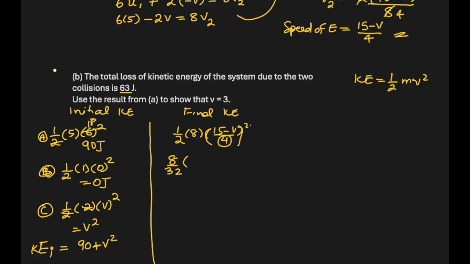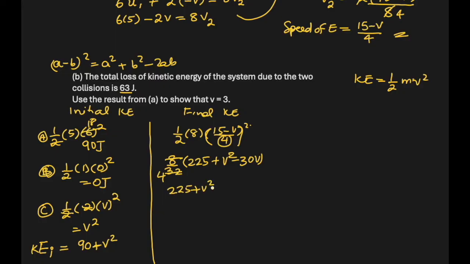So I will use the identity a minus b whole square is a square plus b square minus 2ab. 225 is the square of 15, plus v square, minus 2 times 15, which is 30v. This cancels. So it comes out to be 225 plus v square minus 30v over 4.